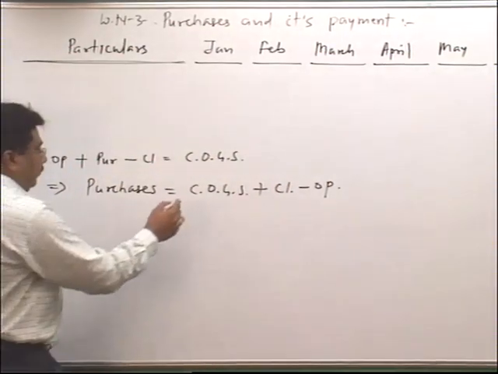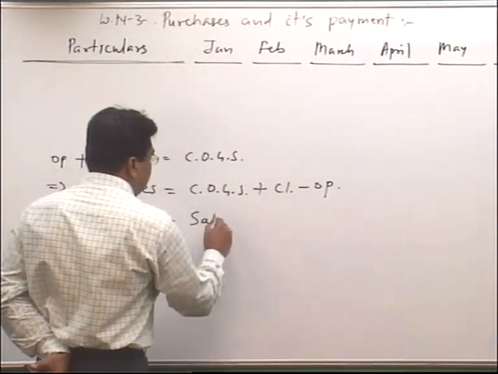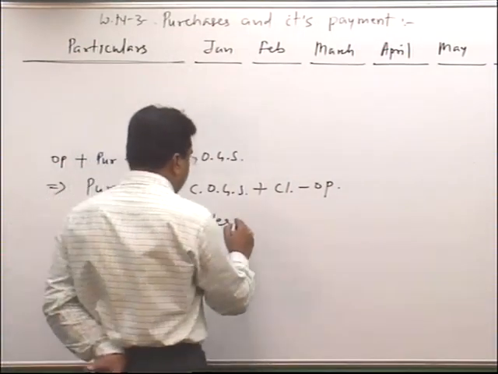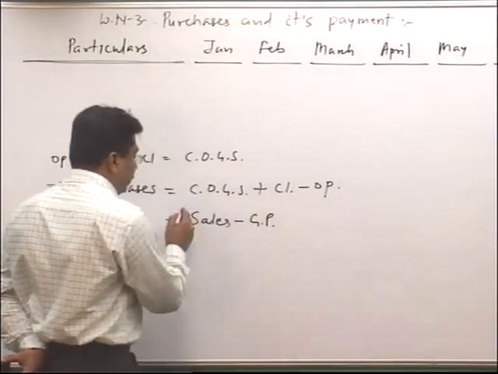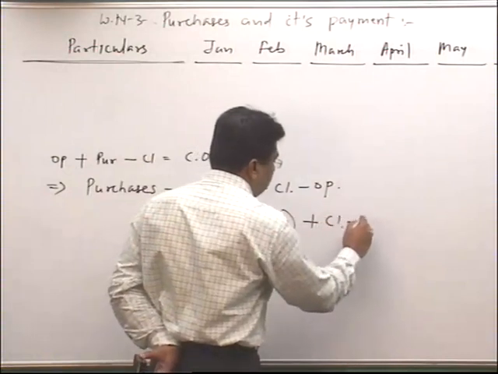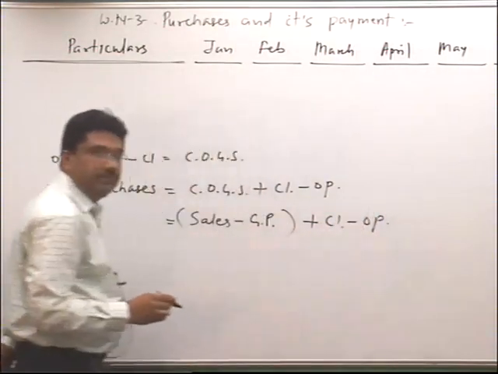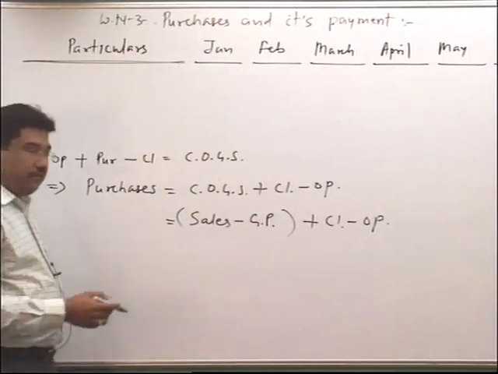And to find out cost of goods sold, we can deduct gross profit from sales. We are given data of sales, so sales minus gross profit, this is also given. That will give us cost of goods sold, then plus closing stock minus opening stock. So to find out purchases, first we will take sales.